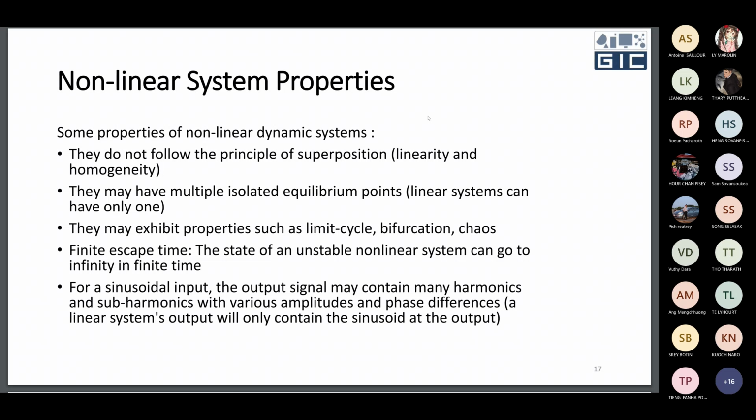In the previous lecture, I asked you how can I prove that a system is a linear system? You can observe it by using these properties. These are some properties of nonlinear dynamic systems. First of all, they do not follow the principle of superposition, linearity.